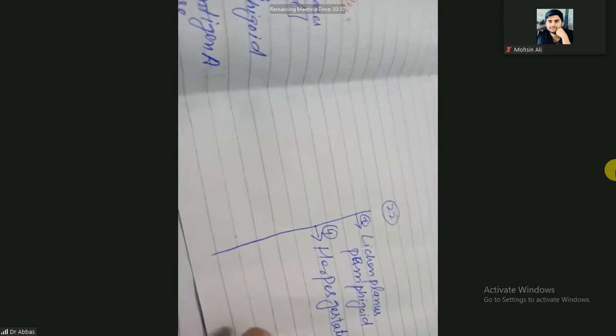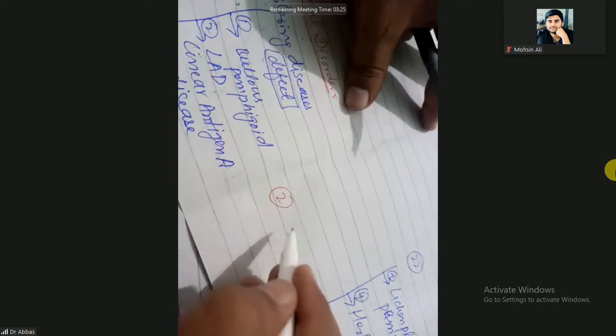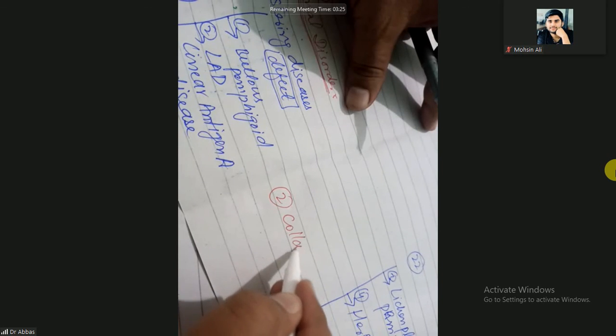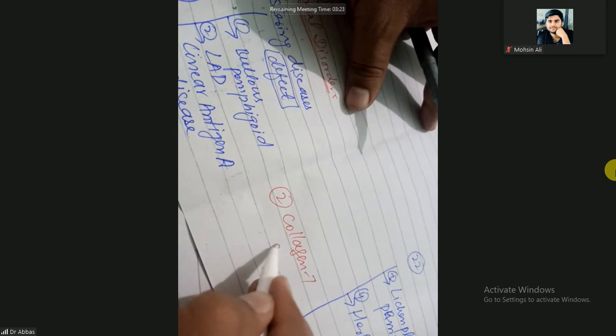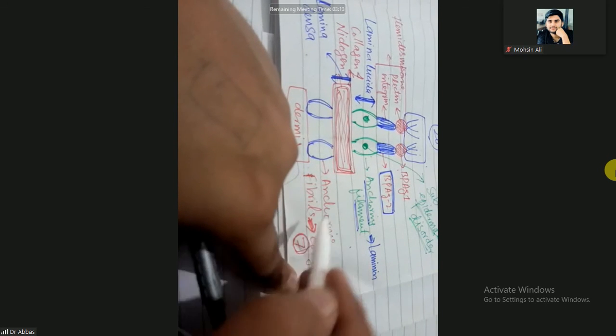Next, when there is a defect in the other protein, what is the other protein? That is collagen 7. This one is the collagen 7 anchoring fibrils.